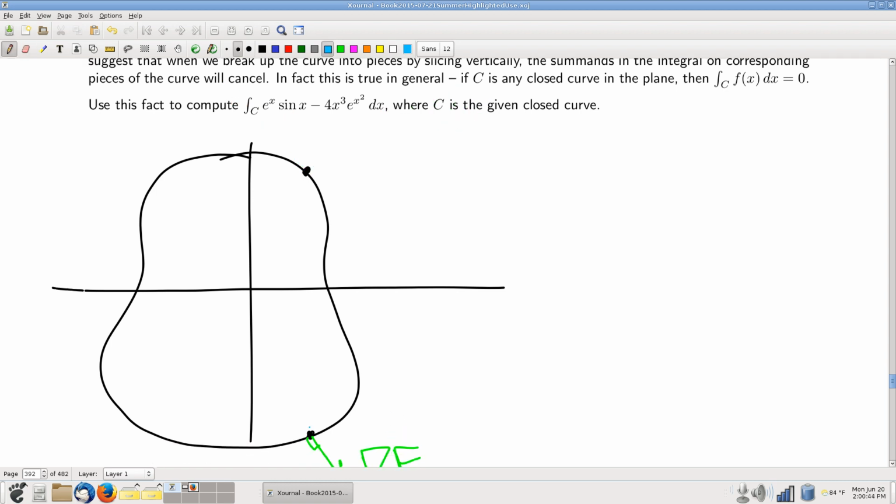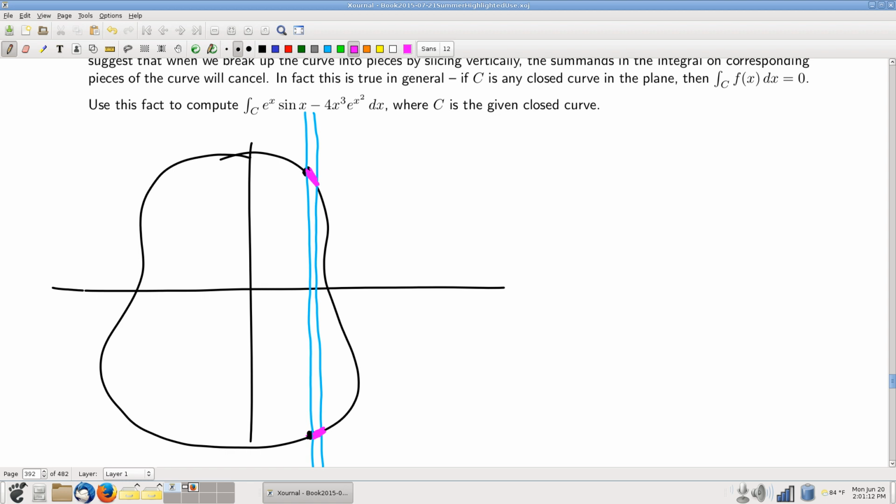That's 5, and there's x equals 5.001. Right. So this gives me 2 little pieces of curve. There's that little piece of curve, and there's that little piece of curve.